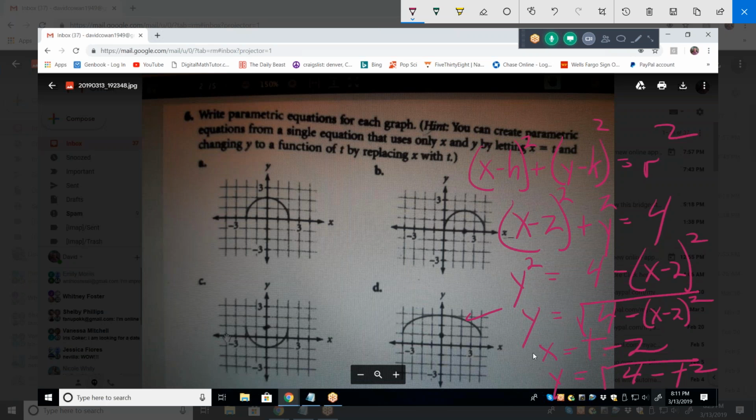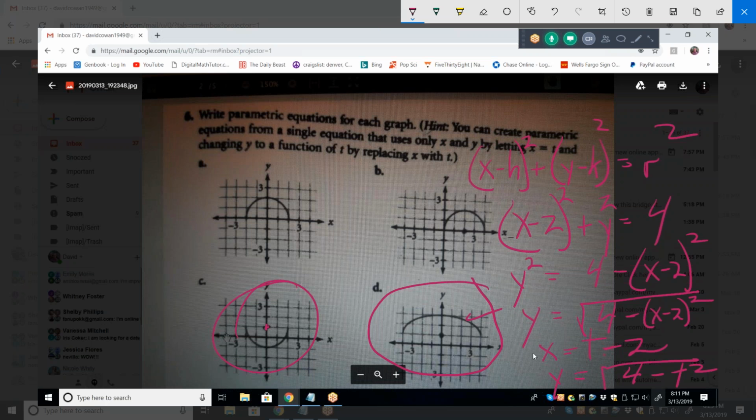We would do C the same way, only we would figure out what the equation of that circle is and use the negative radical of it, because we're looking at the bottom half. D is the top half of an ellipse, so you would use the equation of an ellipse.